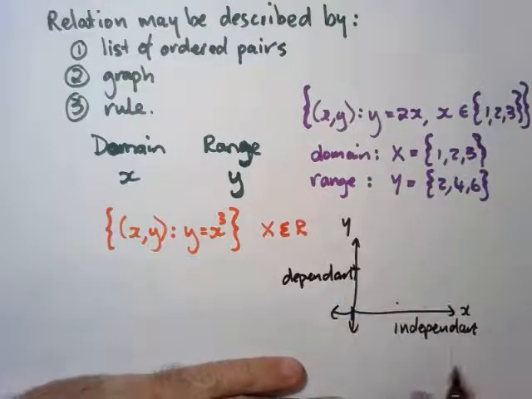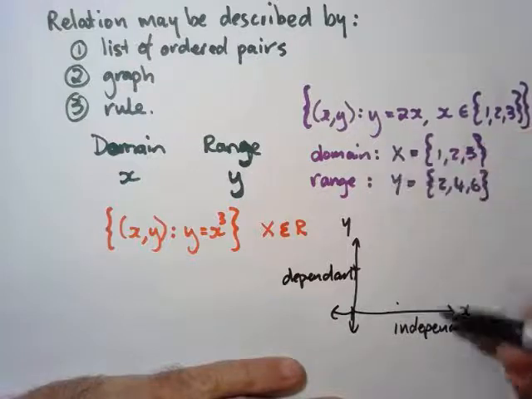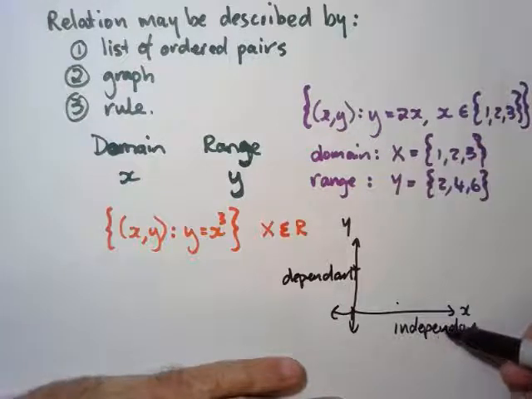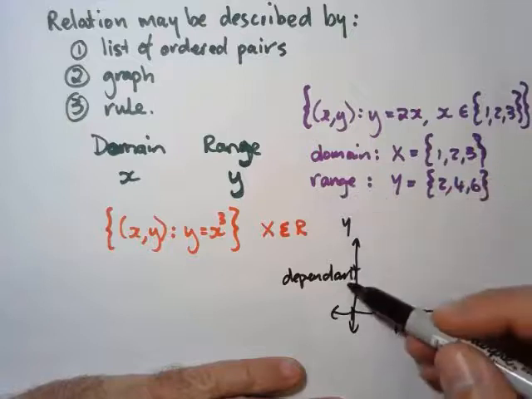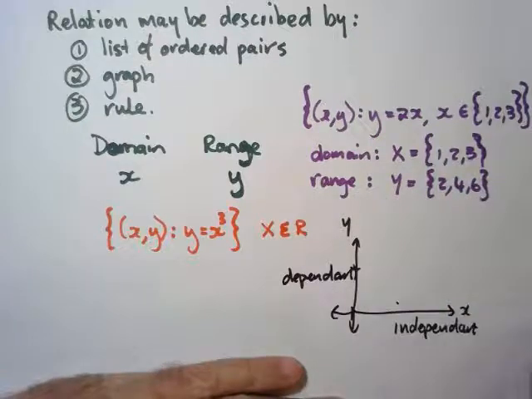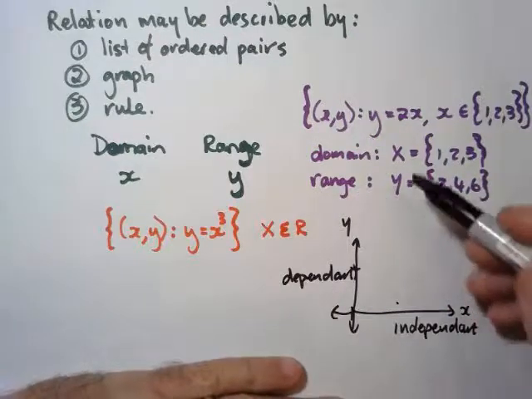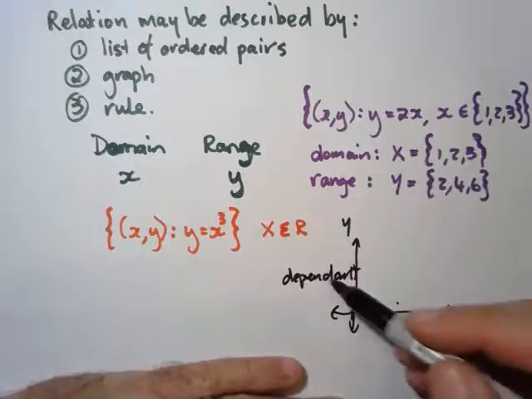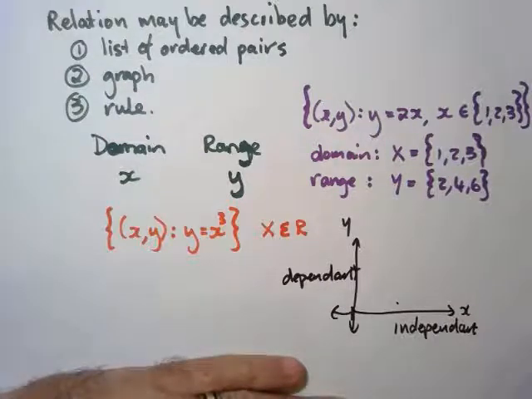So more generally, your domain, because it's your x values, is always your independent and your range is always your dependent values. But most of the time we will think of x and y, not dependent and independent. Okay.